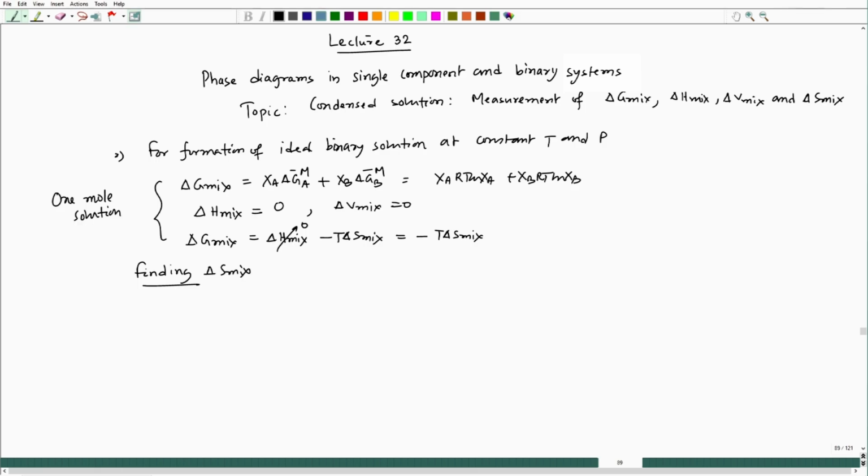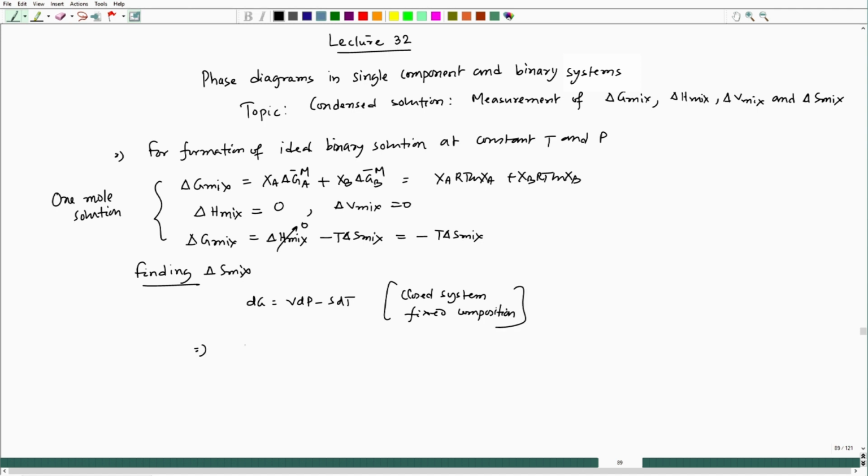Now, in order to find del S mix, we can make use of a formula, delta G equals V dP minus S dT. This is for a closed system and fixed composition.